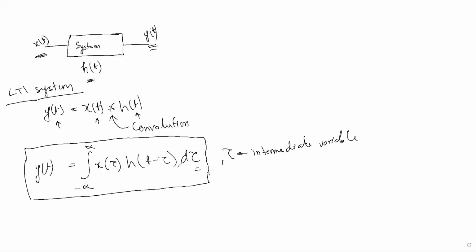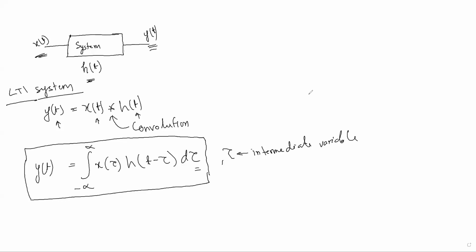If you are going to implement this in hardware, you should know what operations are involved in this equation. I explained this in yesterday's class for section B, but for section A, let me revise. I will finish this very quickly, and then I'll give some properties as well as some numericals on convolution today.